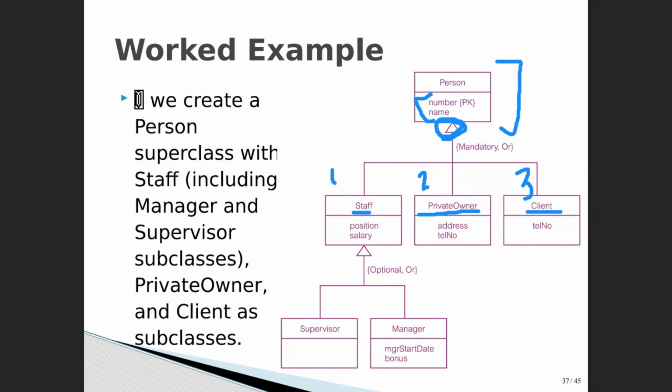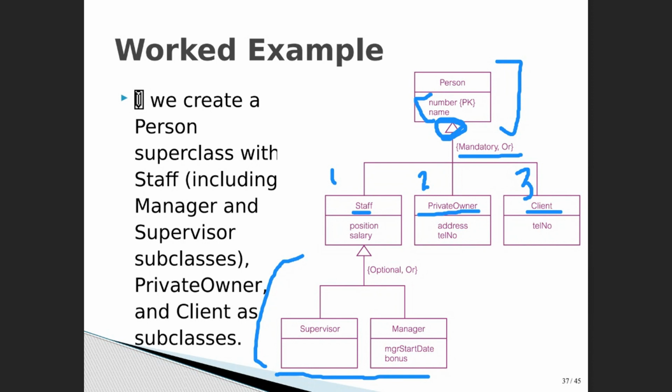There are three subclasses, and under the staff we will have, for example, supervisor and manager. Now why is it mandatory and or here? Because a member of person must be a member of either staff, private owner, or client, not all.